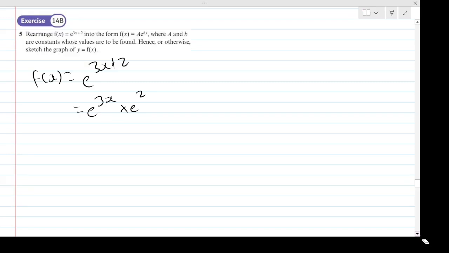If I were to compute e squared, remember e is just a number, 2.718, blah, blah, blah. It's just this number, simply. So e squared is going to be this squared. If I put e squared in the calculator, you'd get 7.389.